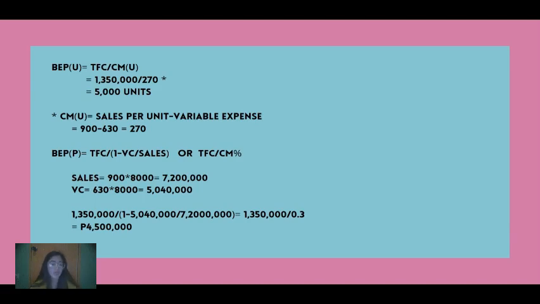So 1,350,000 divided by 1 minus 5,040,000 divided by 7,200,000 is equal to 1,350,000 over 0.3. So the BEP, or the break-even point in peso, is equal to 4,500,000.